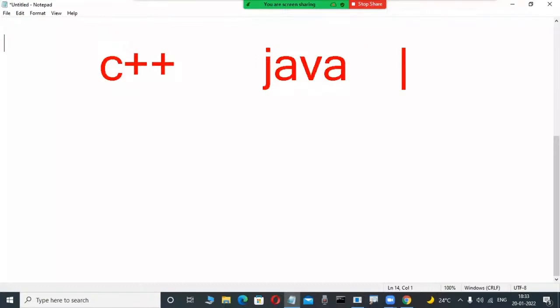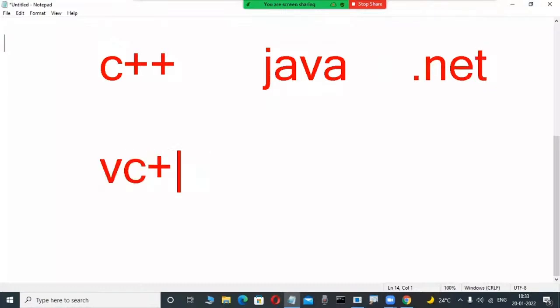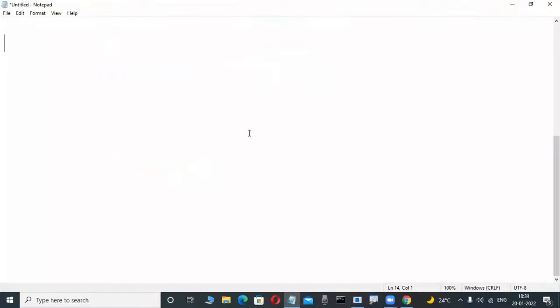C# .NET is an object-oriented language. VC++ is an object-oriented language. So many object-oriented languages are there. Suppose I take two languages today as an example. Through that, the same similar concepts exist, and we will observe whether these SQLs are different or the same.